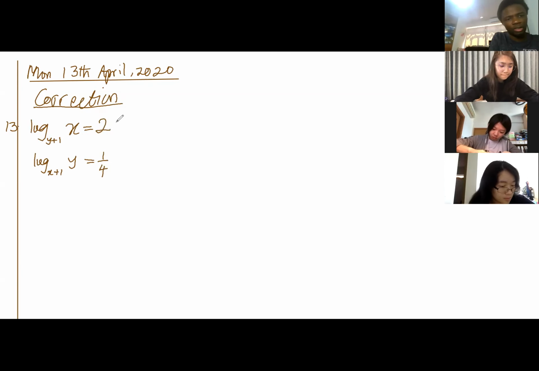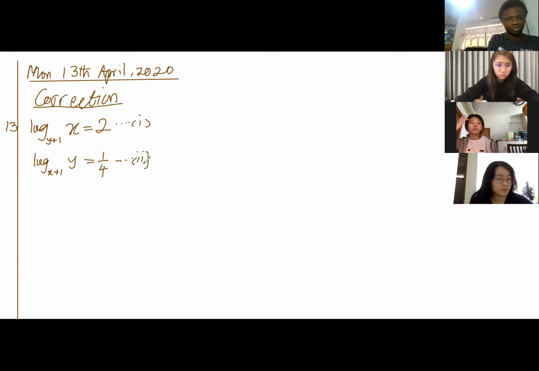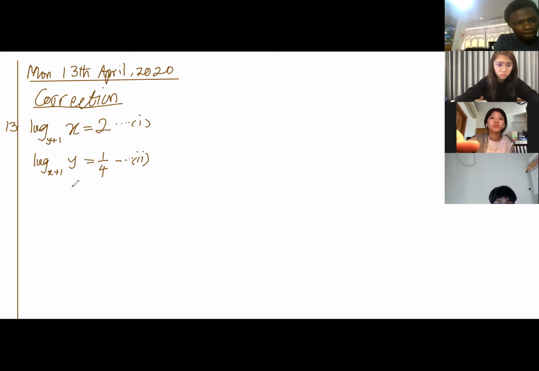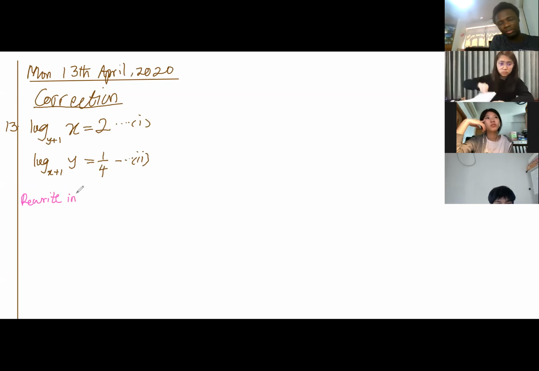So can I have your attention, please? So that's equation 1. The first thing I would do is to label them equation 1 and equation 2. Now, from equation 1, what do you suggest we do? Let's do this together quickly. From equation 1, we're going to rewrite in what form? Somebody? Y equals bracket x plus 1 to the power of 2 squared.